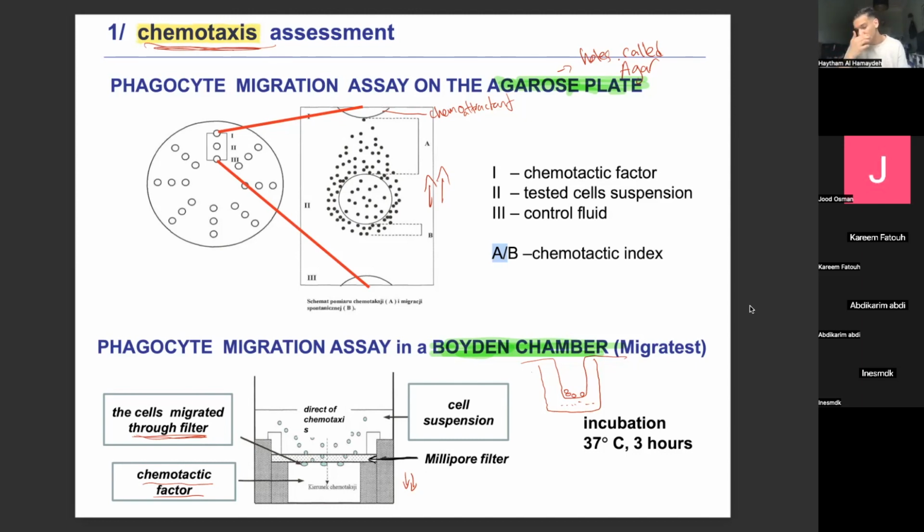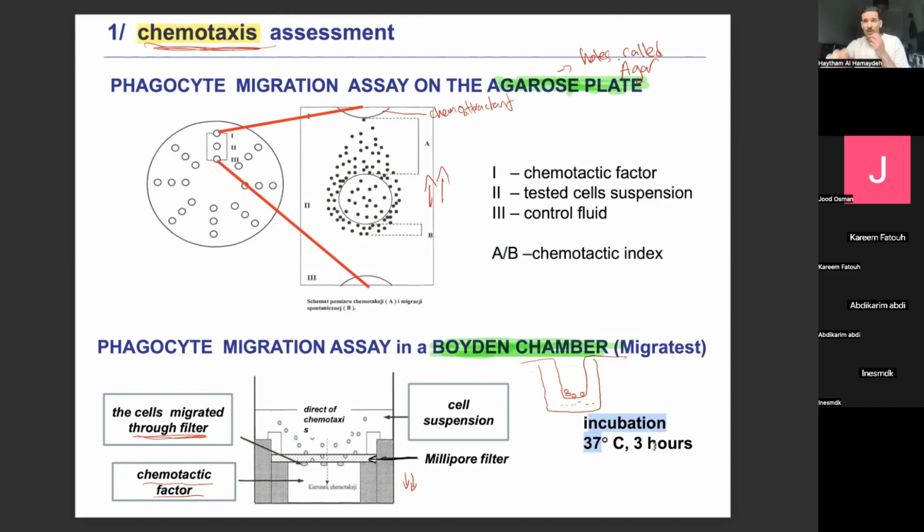It also has a chemotactic factor on the bottom, and we place the cells here, and so they cross. If they move through, cells can migrate. And you incubate it at 37 degrees for 3 hours.